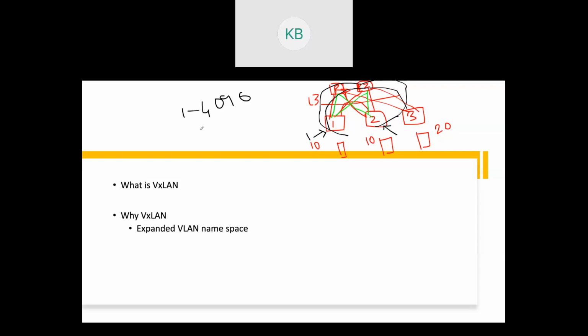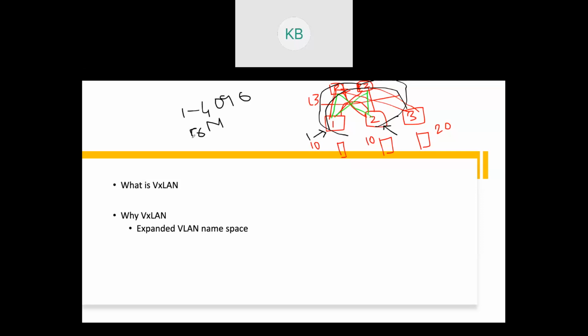With VxLAN, you have 16 million numbers. So this is pretty much close to infinite. You cannot probably exhaust those VNIs. Okay, we will talk about what the VNIs are.